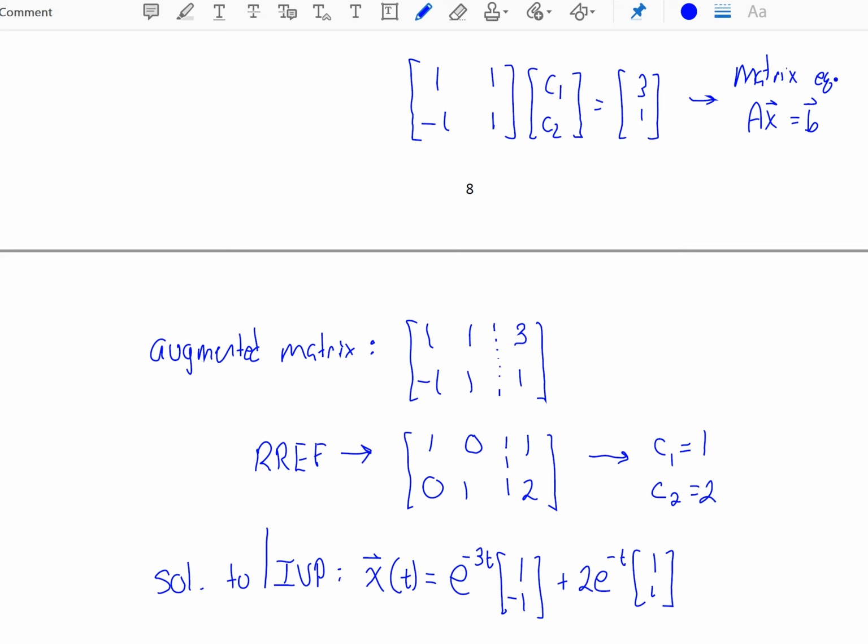This is now the solution to our initial value problem.